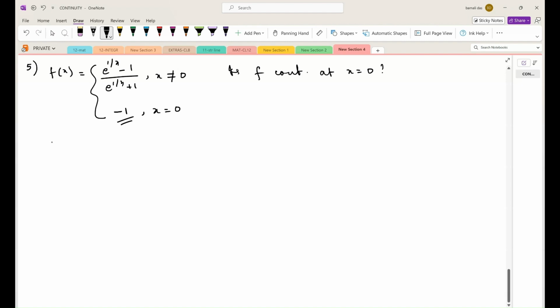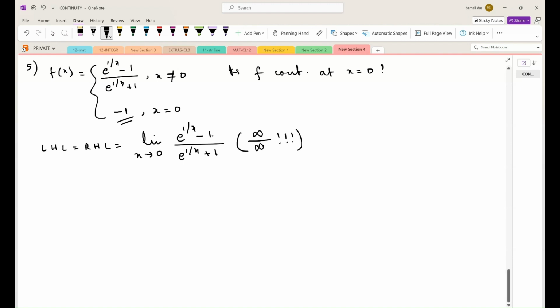So since LHL equals RHL, we can just write like this: LHL equal to RHL equal to limit x tends to 0, no plus minus, (e^(1/x) minus 1) by (e^(1/x) plus 1). We just need to simplify this, because you can see this is again another indeterminate form, infinity by infinity.